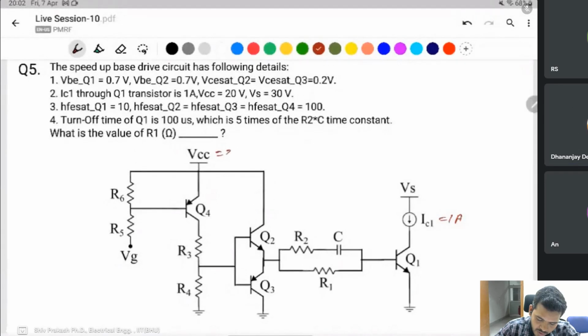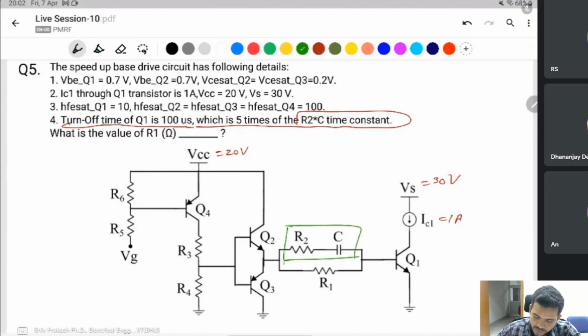VCC is given 20 volt, VS is 30 volt. The turn off time of Q1 is 100 microsecond, which is 5 times the R2 time constant. This one is the R2 time constant given. 5 times tau, it means T off is equal to 5 tau.